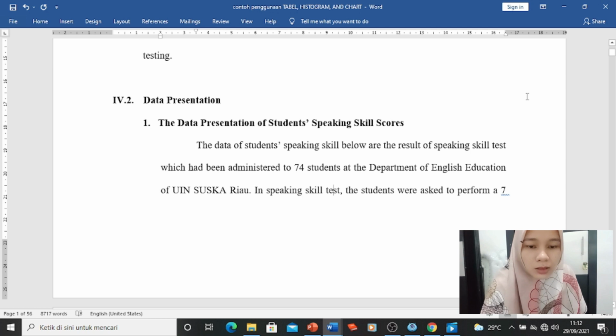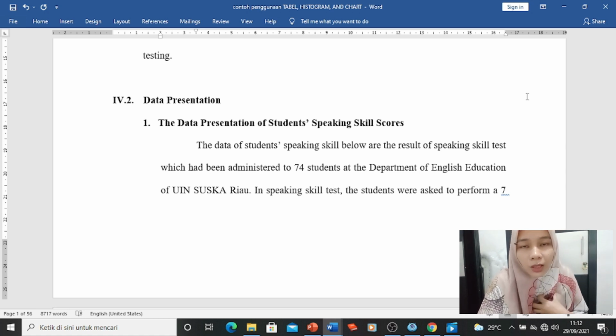If you're writing a thesis, or presenting in proposal examinations, or final examinations for your research, it depends on the campus procedures and policy for the formats or templates of your data presentation.